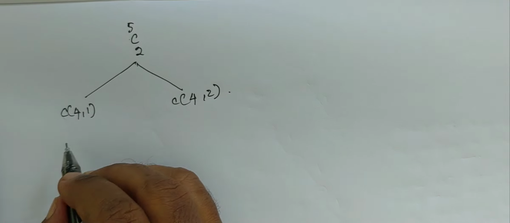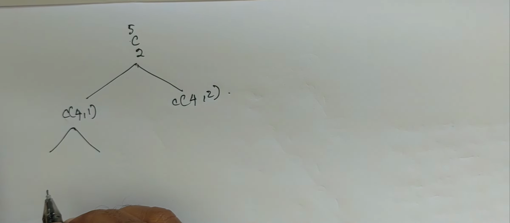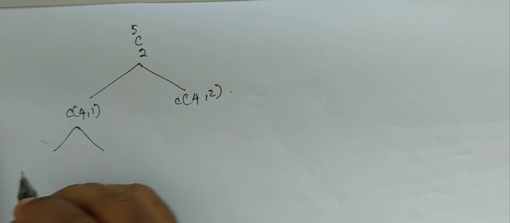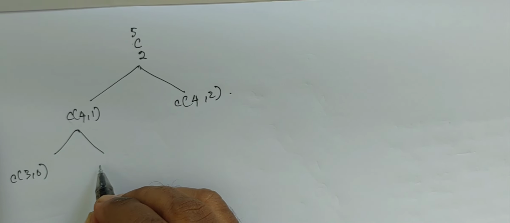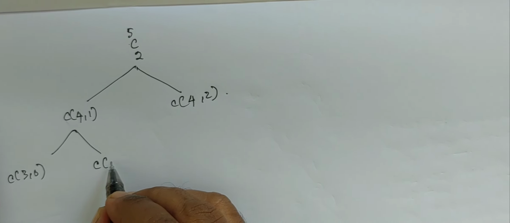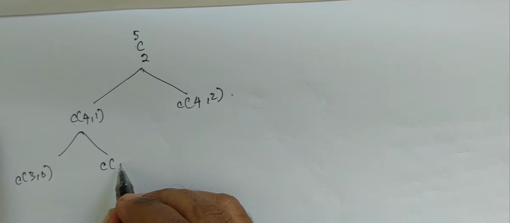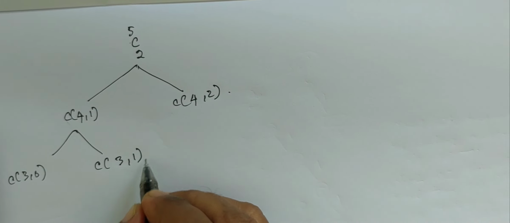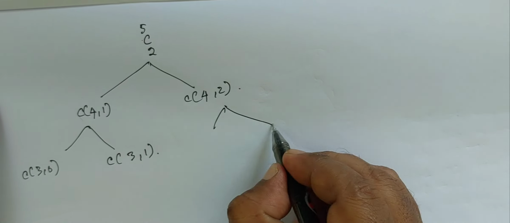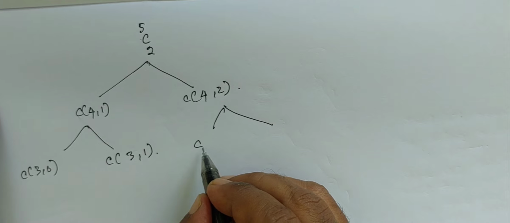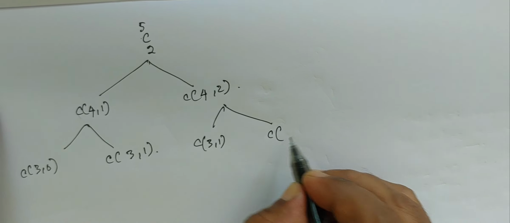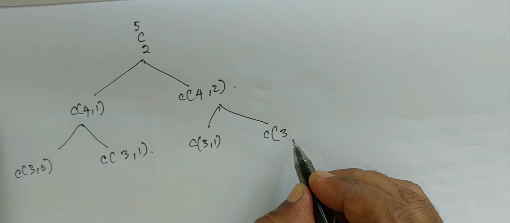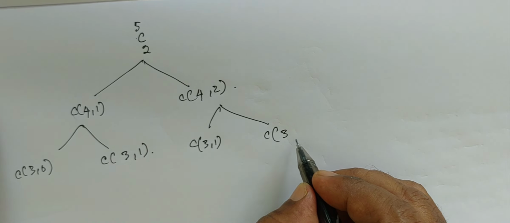That is binomial coefficient. Similarly, this will be C30, C31, and this one will be C31, C32.